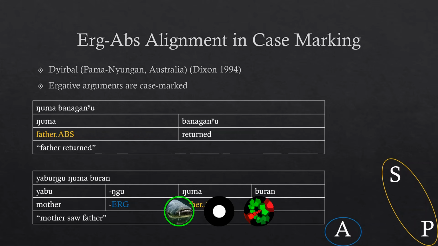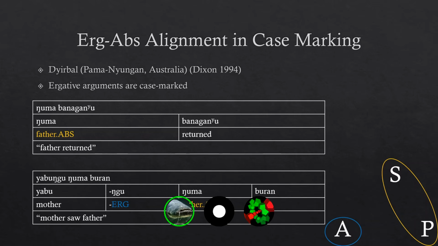So maybe it's helpful to look at these examples. Here I have an intransitive sentence, with an intransitive subject: father returned. This word, father, nguma, is unmarked. It doesn't have any case marking, so it's absolutive. This is very common in languages.